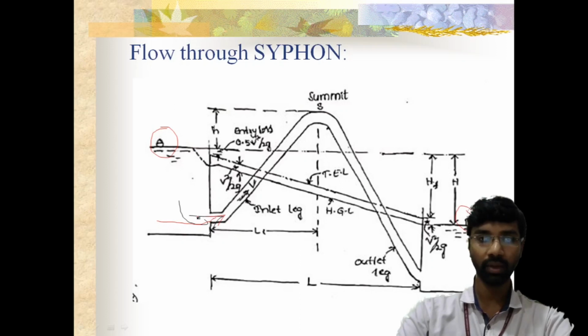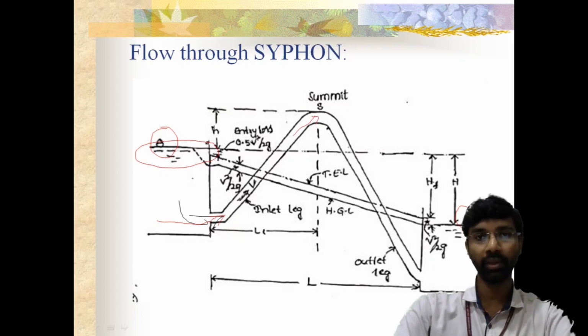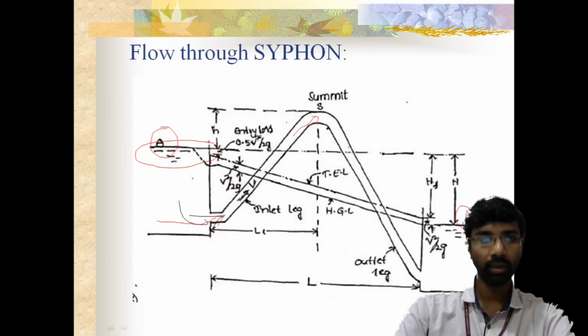See, when the fluid wants to move through this siphon, it must go to a highest point which is higher than the level of fluid in reservoir A. And it may not be possible directly, but by giving some internal suction, the fluid enters here.